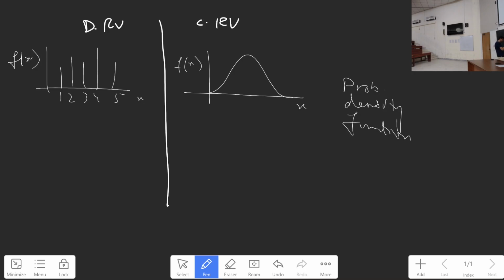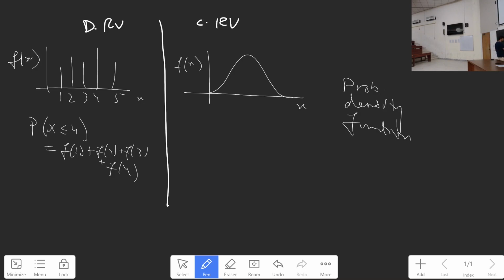Now, in this case, what's the probability that x is less than or equal to 4? It's f1 plus f2 plus f3 plus f4. Yes, for the discrete case we have already discussed that.